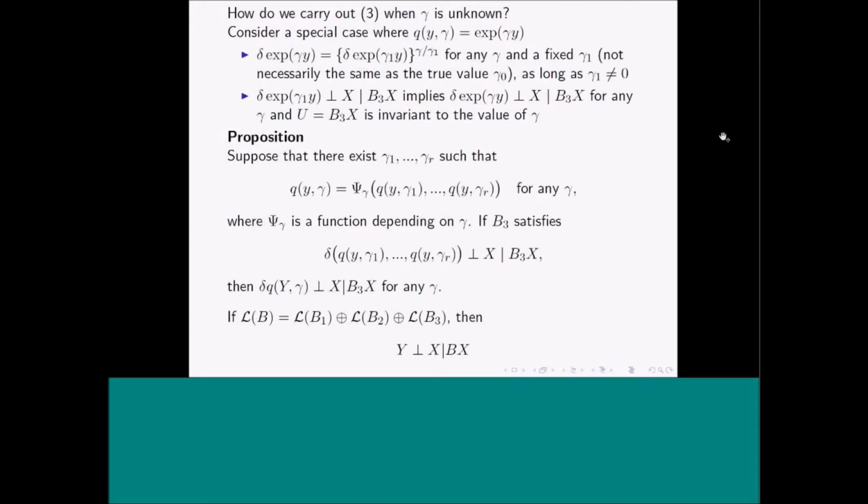Because the real Q(y, gamma) is a function of this thing. As long as I find a B3 such that B3 times x and these are independent, functions of them are also independent. Therefore, this B3 doesn't depend on gamma. It depends on the initial value I choose, but I think they are all equivalent. It doesn't matter what values you choose.